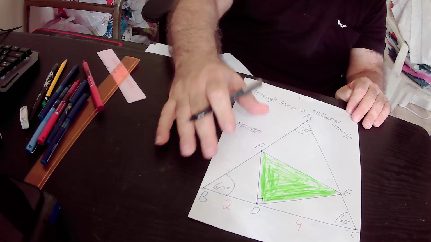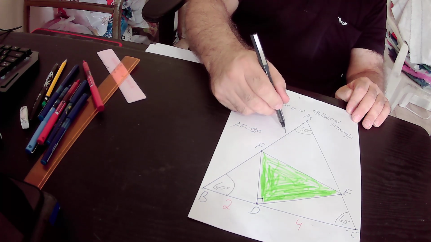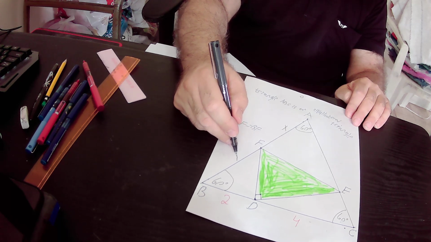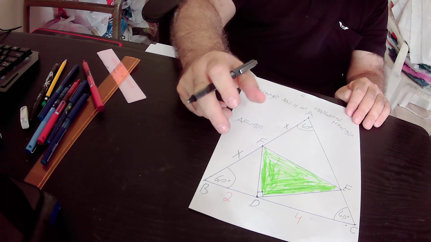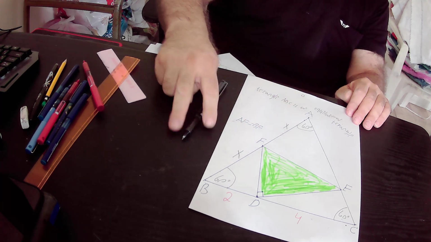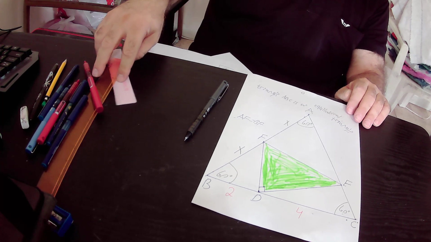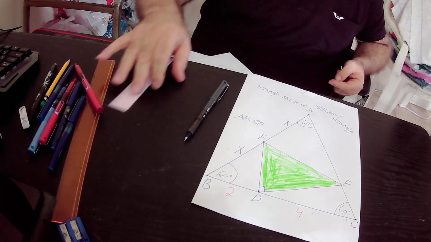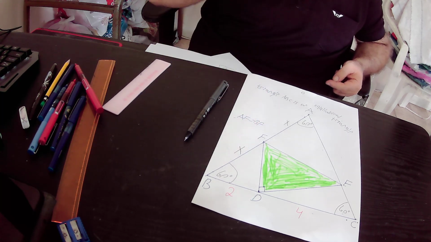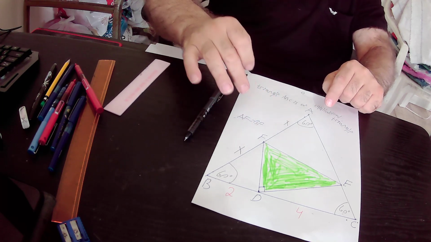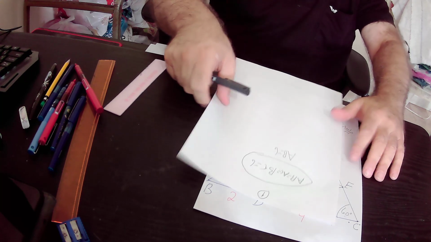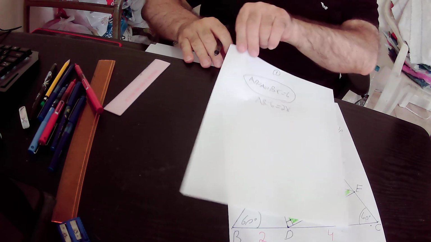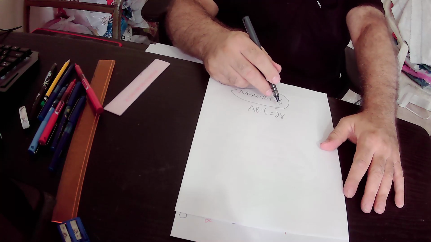If we define AF as X, then BF is also X. So AB equals AF plus BF, that is X plus X, that is 2X. So AB equals 6 equals 2x.